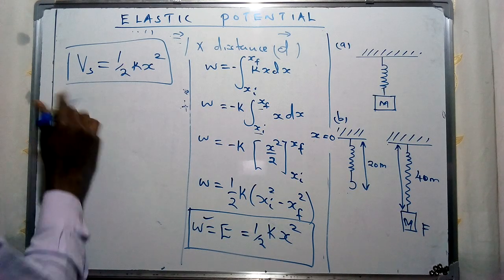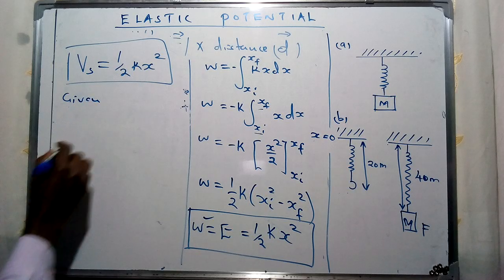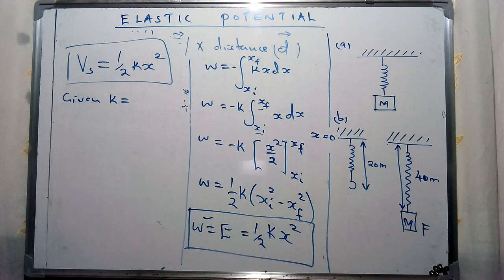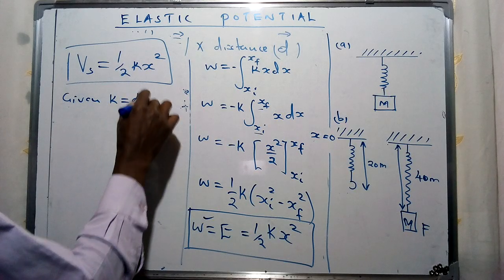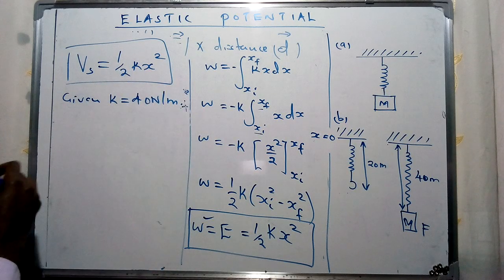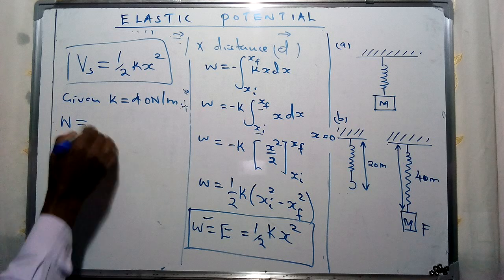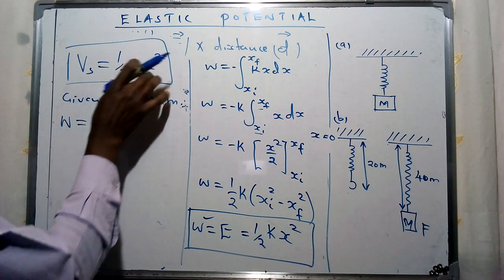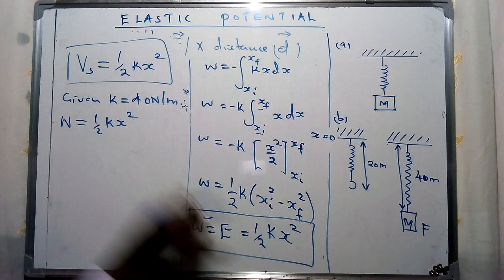So if we are given the spring constant of 40 newtons per meter, then we can evaluate the work done, which is given in terms of a half kx squared, which is similar to the elastic potential.